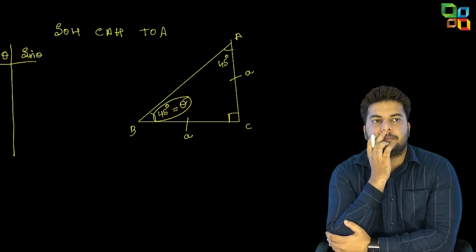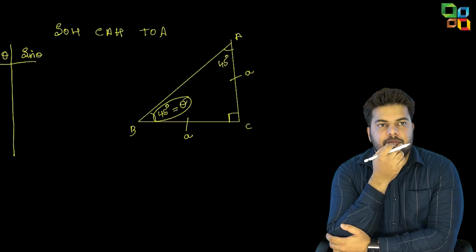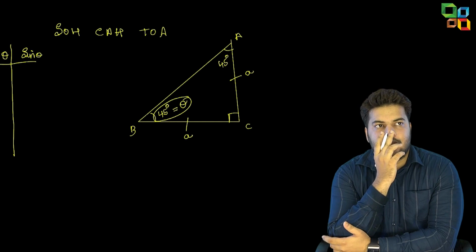We know the length of the two sides. How to find the length of the hypotenuse? So Heron's formula? No. Heron's formula gives you the area. The Pythagoras theorem. Good, Rohit. Yes, the Pythagoras theorem.